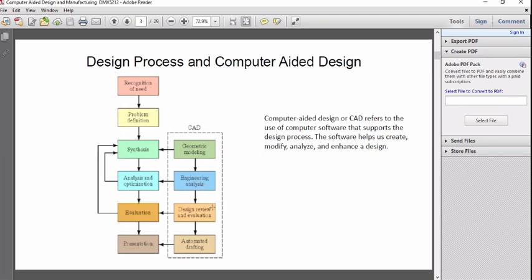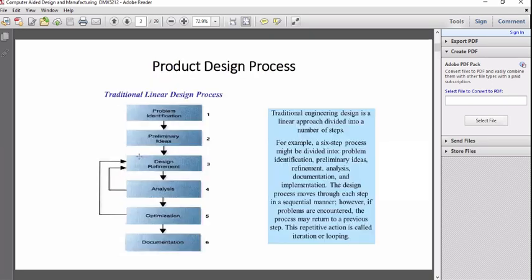And again after this, we integrate the new computer-supported model into the traditional process. So at this stage it is the same as here, a cyclic operation.